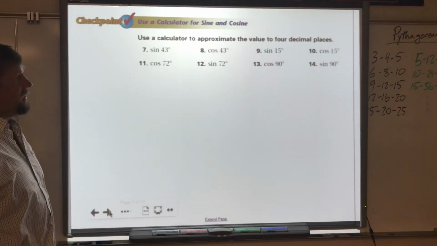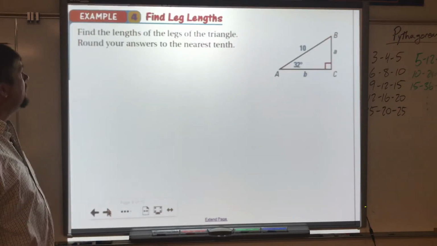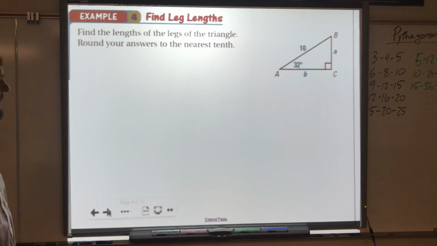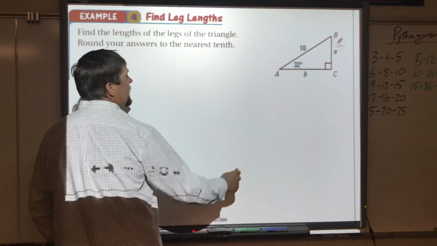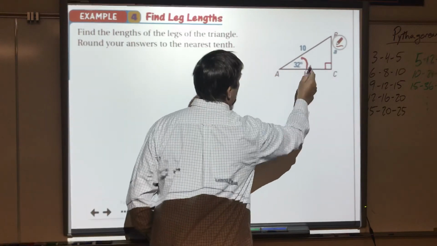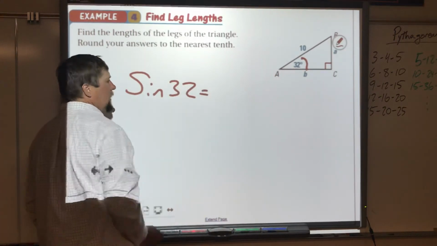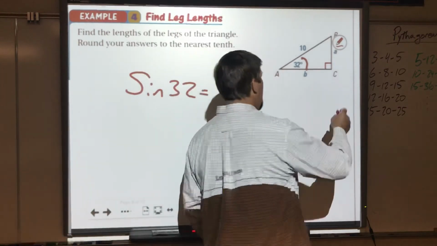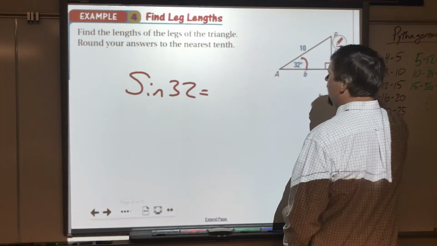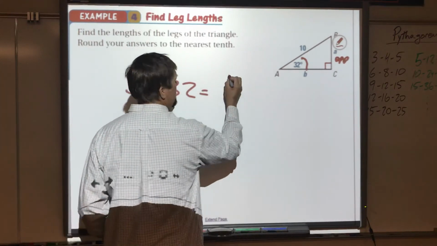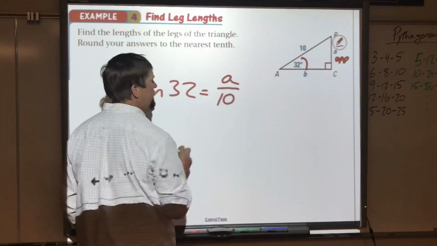So then they just ask you to do that. Now if I know what the angle is, so the sine of 32, but I want to find the opposite leg, I'm going to use the sine function to find the opposite leg because I know the hypotenuse.